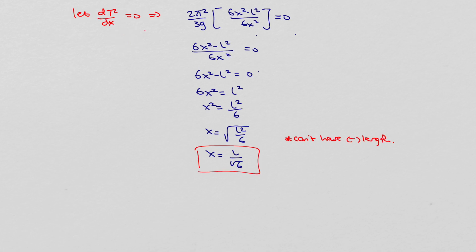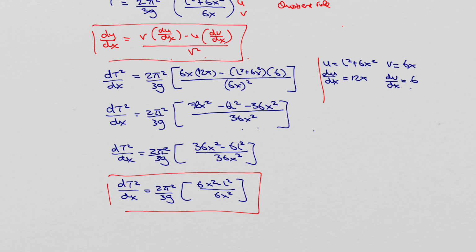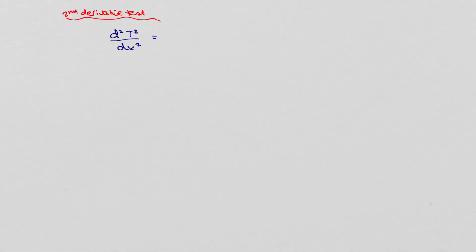So if I go back, my first derivative we said was 2 pi squared over 3g. Let me write that out again, sorry. So we had 2 pi squared over 3g, 6x squared minus L squared all over 6x squared.